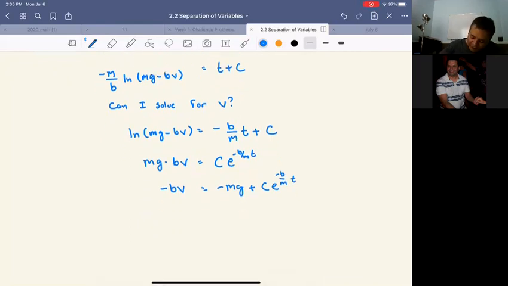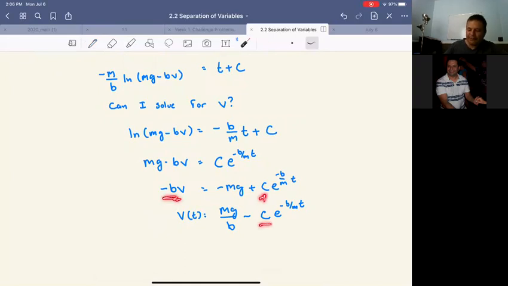So v as a function of t is going to be mg divided by b minus c e to the negative b over m t. And there should be a, nope, I don't need this b, because this c is now this c divided by that b. And really, I could make that plus or minus. Let's go ahead and make it plus. It doesn't matter because of the constant.